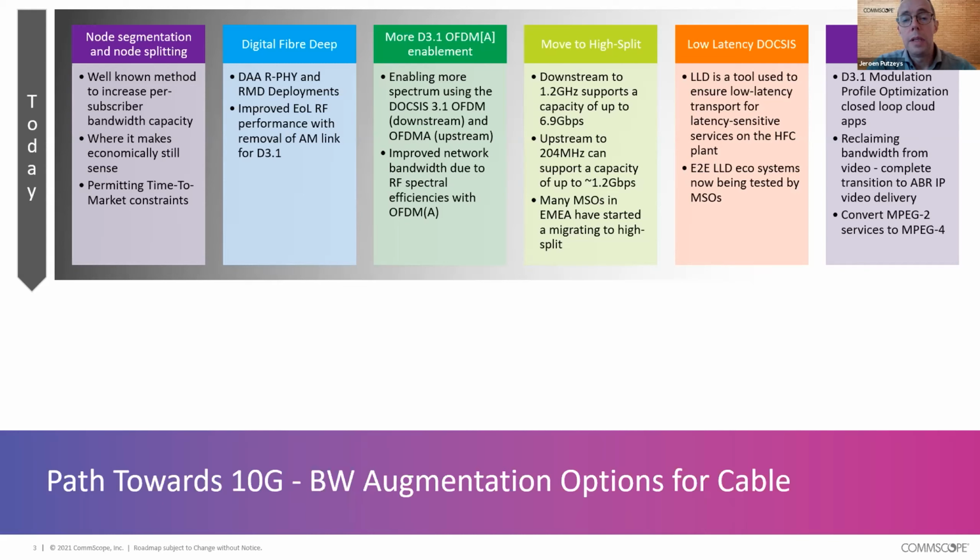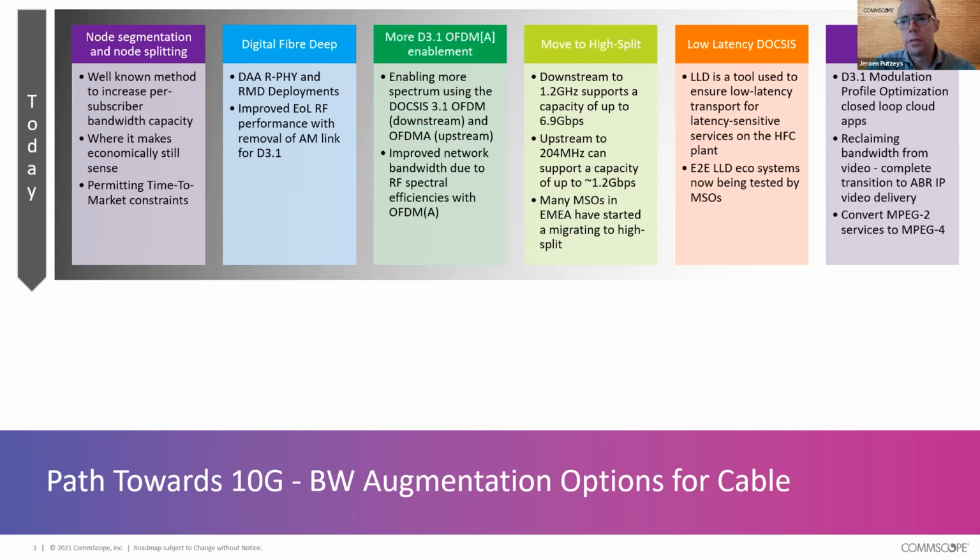So being able to leverage tools that enable us to optimize DOCSIS 3.1 deployments is, again, I think, a key important tool as part of this journey to 10G. Reclaiming bandwidth from legacy services with the shift to IP or OTT IP delivery is obviously a theme and a trend that continues to progress as we move forward over time.